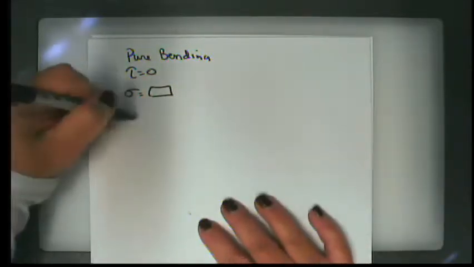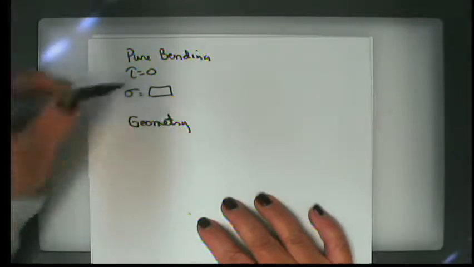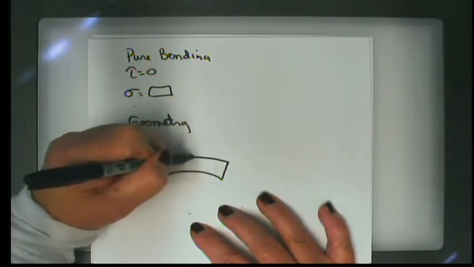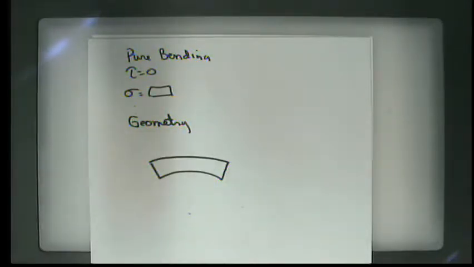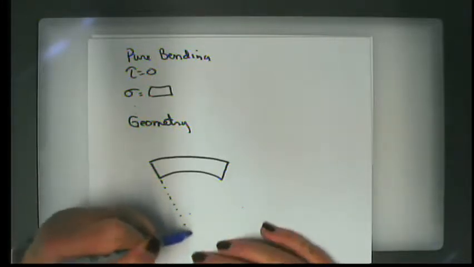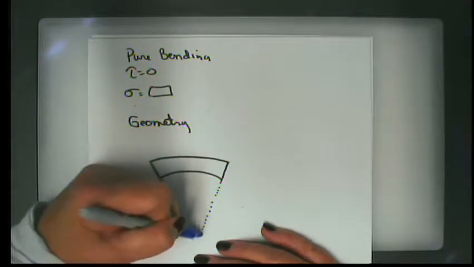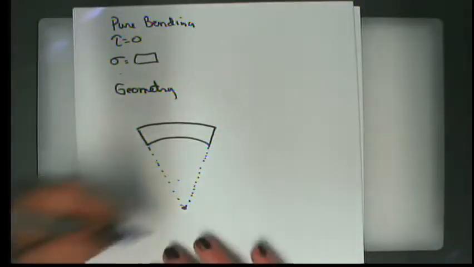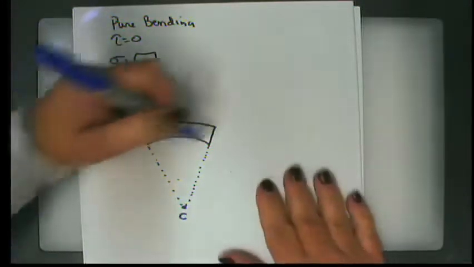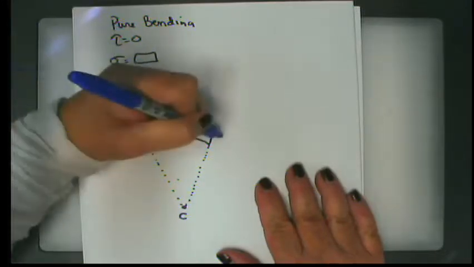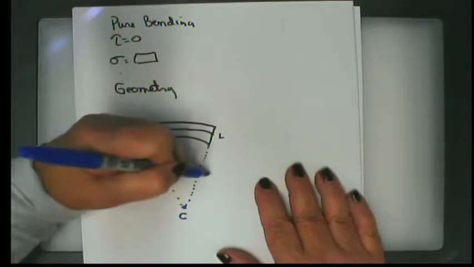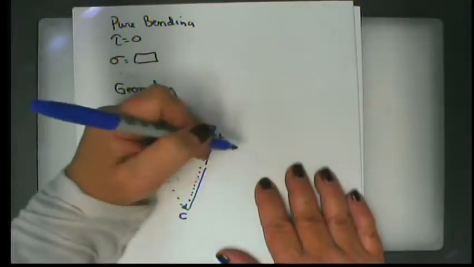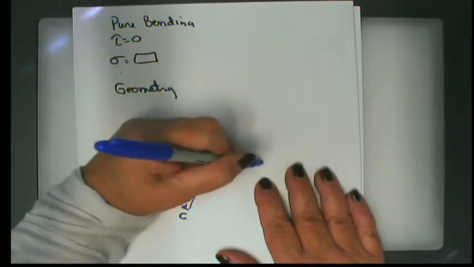Now, what we do first of all to break down the geometry of this situation is we look at anything that's bent in a way that the ends of the structure will, if we extrapolate the angle between them, focus on some center point, which we just call C. And the distance from the point that remains unbent to that point C is called rho, which is called the radius of curvature.